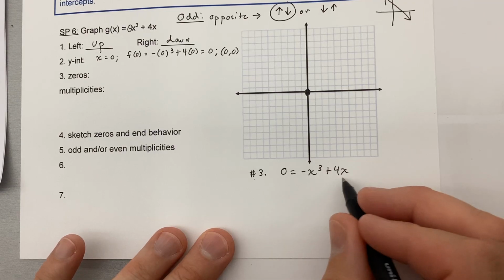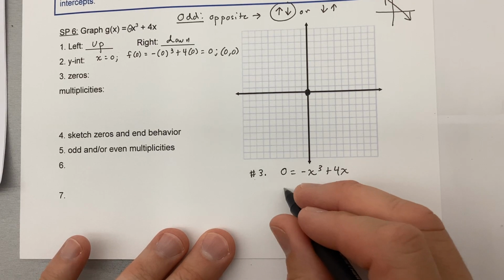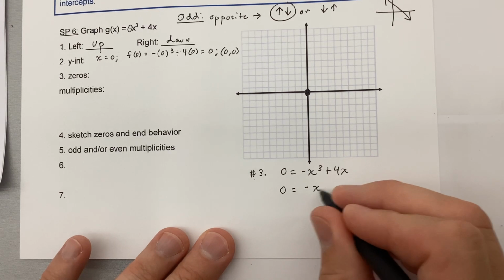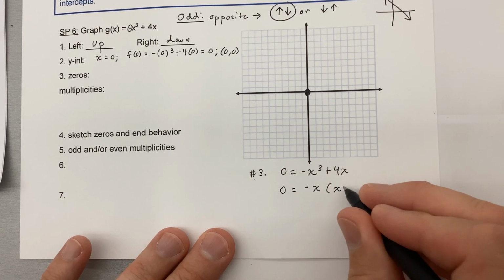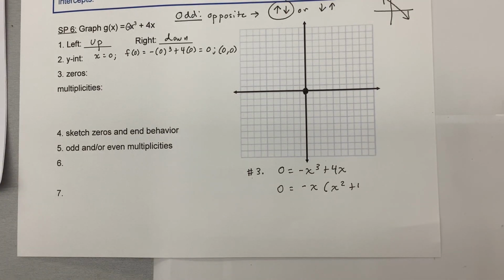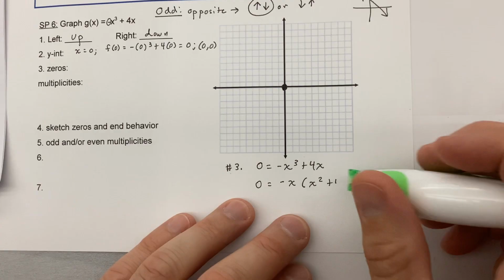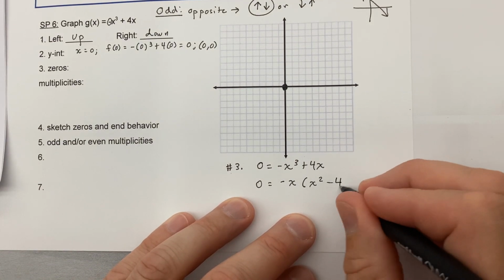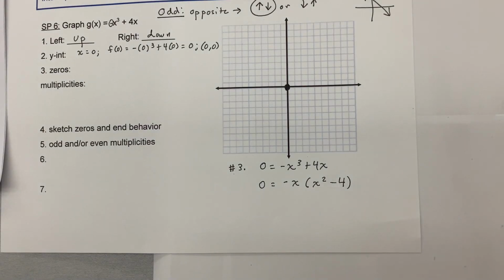I do see the two terms and an x in each one of those. So maybe if we factored out an x, better yet, maybe a negative x would help us out. I did factor out the negative so that this x squared on the inside could be positive, minus 4.